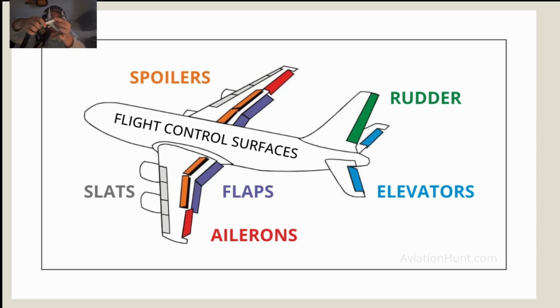Okay, opposite's true. If you go ahead and push up on the elevator, this is it right here, it would mean that the lift would be happening on the left side of the vertical stabilizer. So you would go ahead and make a left yawing motion.